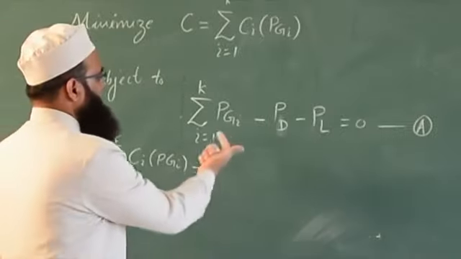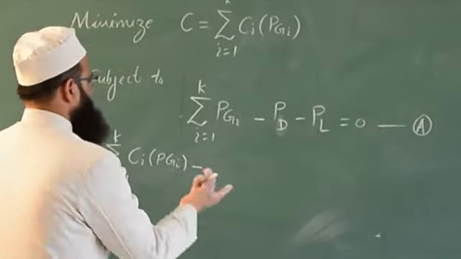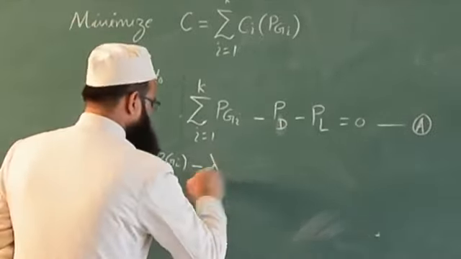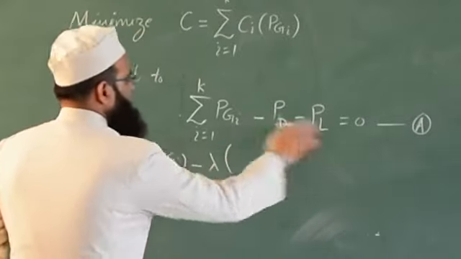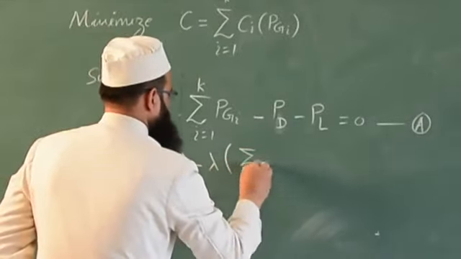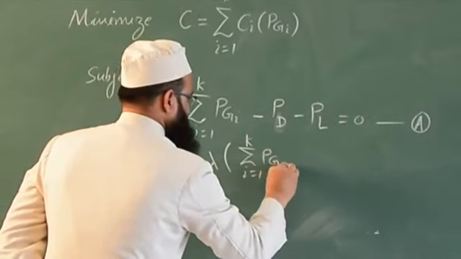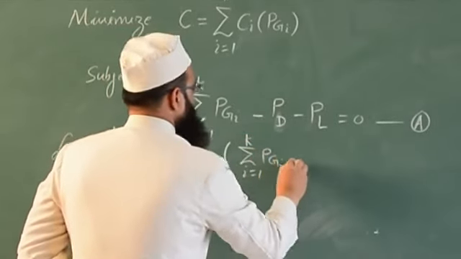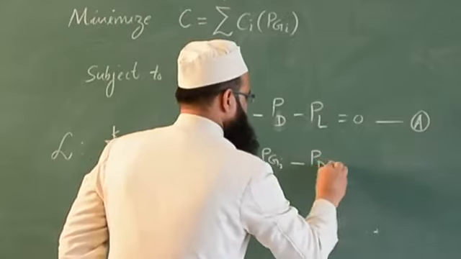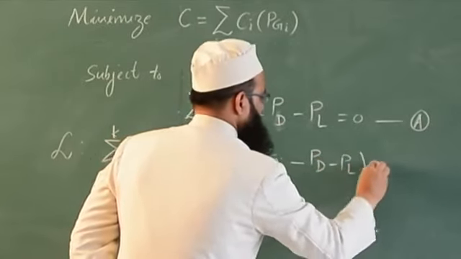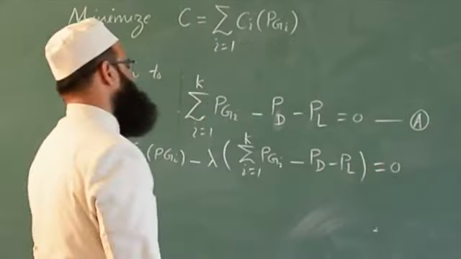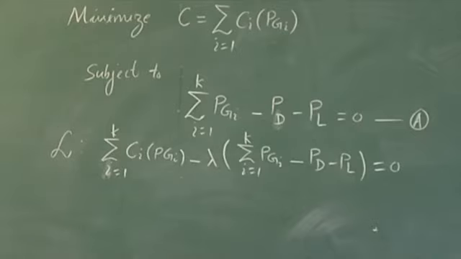We are having only one constraint, so let us introduce lambda, minus or plus we may write, times this constraint: sum for i equal to 1 to k of PGi minus PD minus PL is equal to 0. This is our Lagrange function.